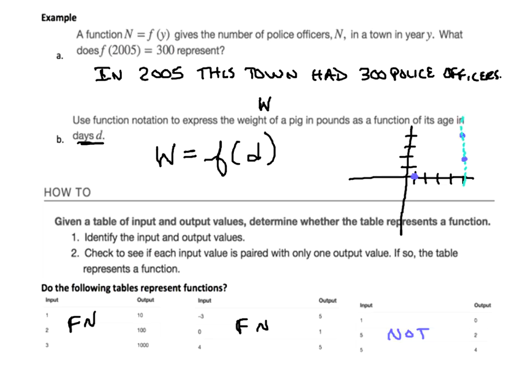Because I've sent 5 to 2 different outputs. This is what leads us into our discussion of the vertical line test. So just keep that in mind until we get there. When you send an input to more than one output, it vertically stacks your points on top of each other.